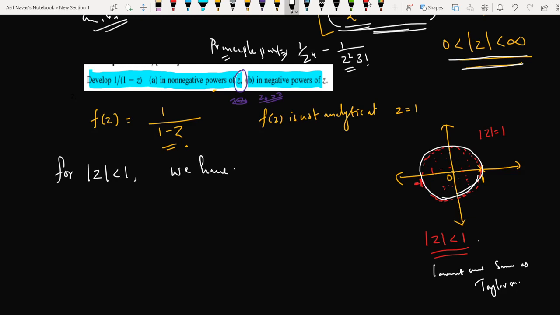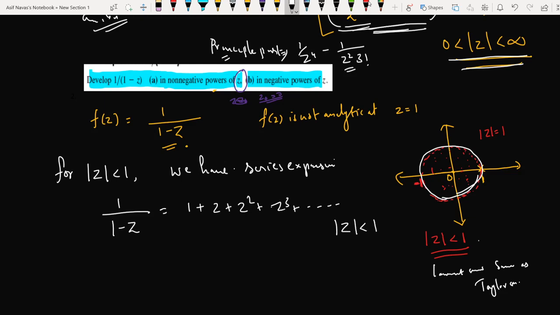We have the series expansion of 1 by 1 minus z. We know that 1 by 1 minus z is equal to 1 plus z plus z square plus z cube plus etc. So this is valid when mod z less than 1.